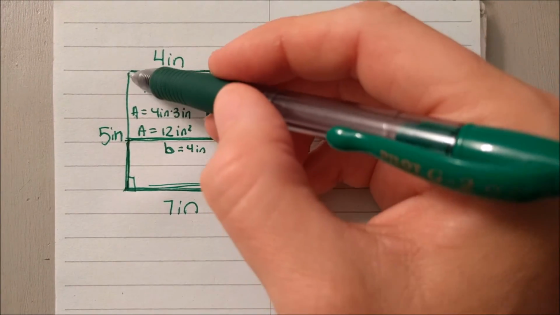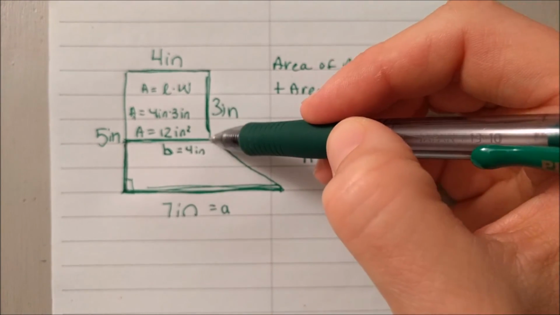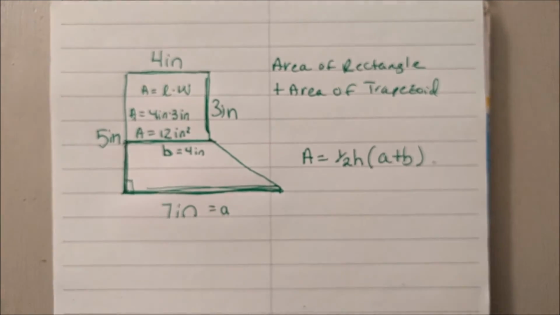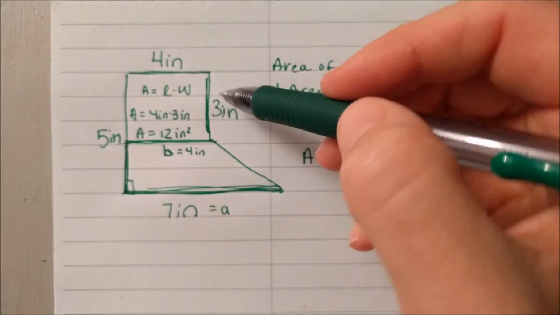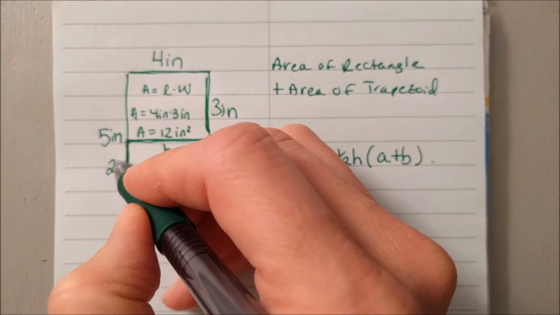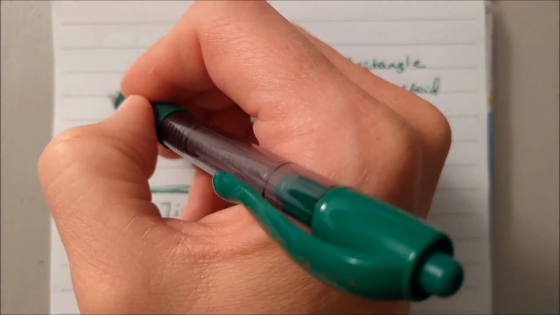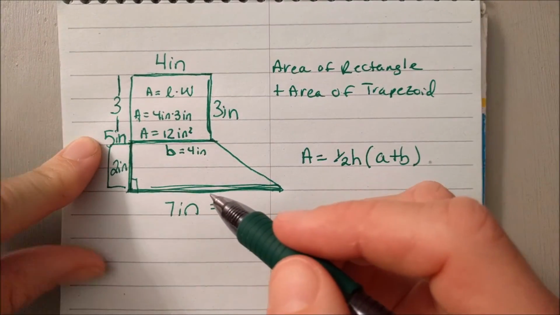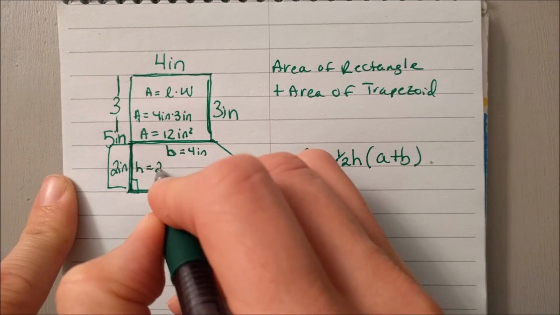All right, well, if this entire length here is 5, and then this bit of it is 3 here, I'm going to figure out what this section is by taking the difference. If I take this 5, subtract off the 3 that's right here, I'm going to have 2 left over. So there's 2 inches here, from here to here. There's 3 inches from here to here, if that makes sense. 2 plus 3 gives me my original 5. All right, so now I've got my height is equal to 2.